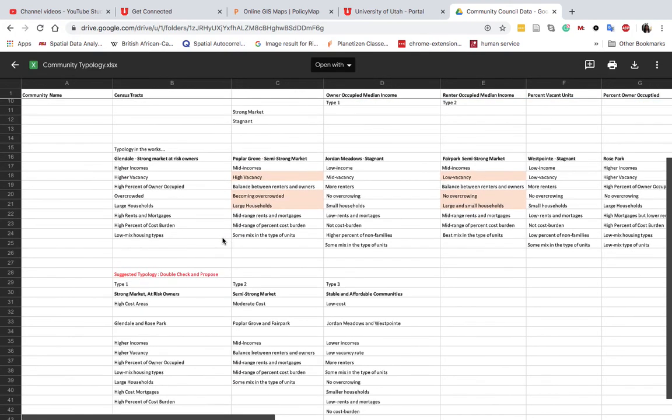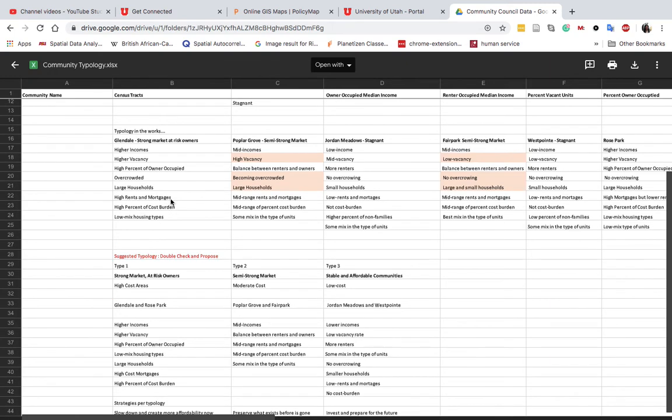So the typology created here for Glendale is people with higher income, higher vacancy, high percent of owner occupied, overcrowded, which means more than 1.1 or 1.5 persons per room. Large households, so you can expect a lot of families here too, but we didn't look at that. High rents and mortgages, so people are really cost burdened here, with a high percent of cost burden, and low mixed housing type.